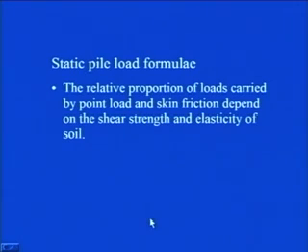The relative proportion of loads carried by point load and skin friction depend on the shear strength and elasticity of the soil. So, you see, depending on the type of the soil which is lying surrounding the pile shaft, let us say if it is able to mobilize good friction resistance along the pile shaft, obviously the frictional resistance will be more, and then the pile will be acting as a friction pile.